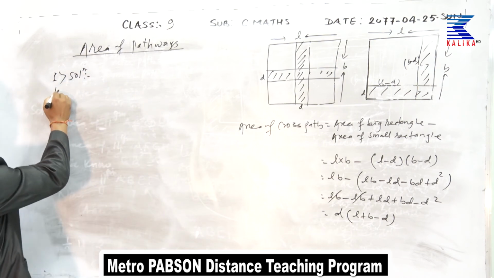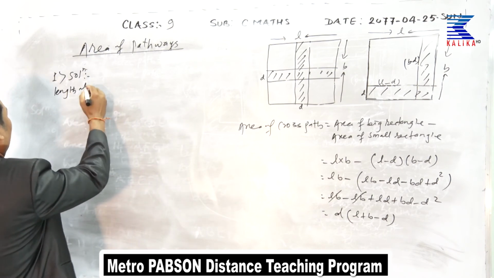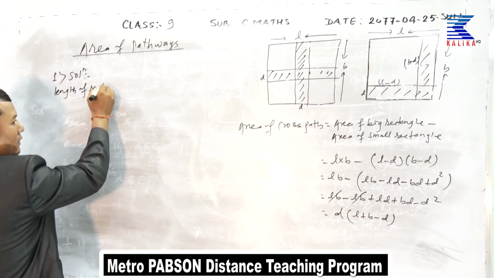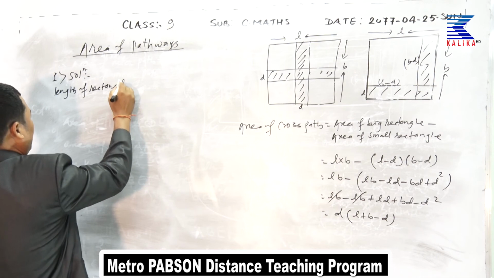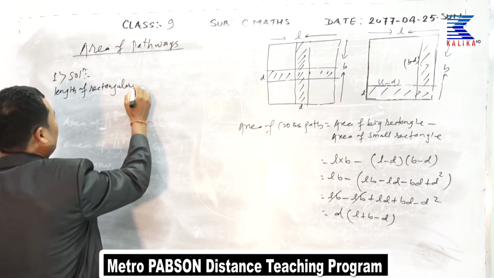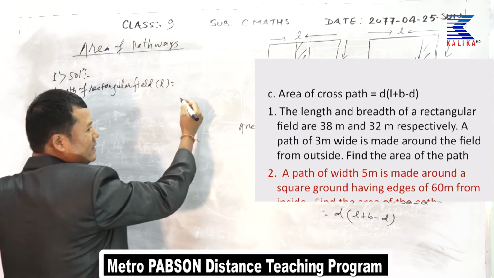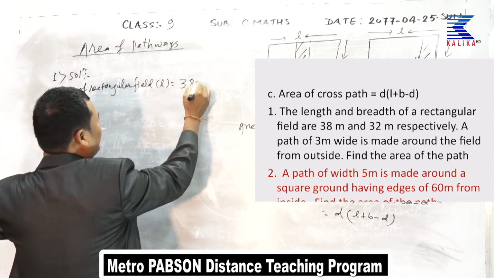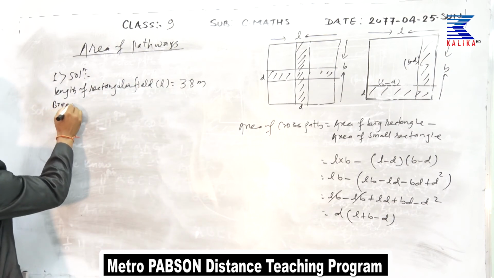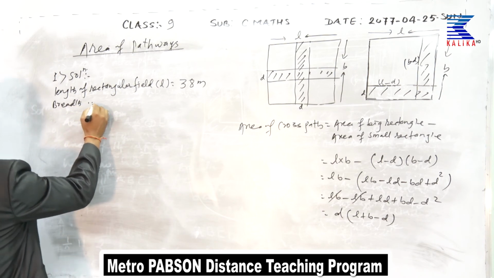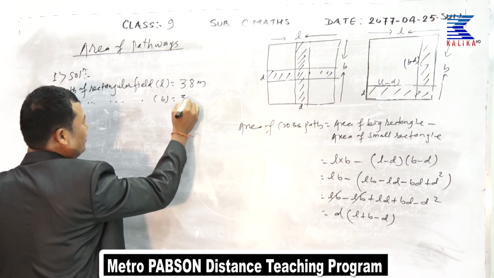Length of rectangular field L is equal to what? 38 meter. Breadth of rectangular field B is equal to what? 32 meter.